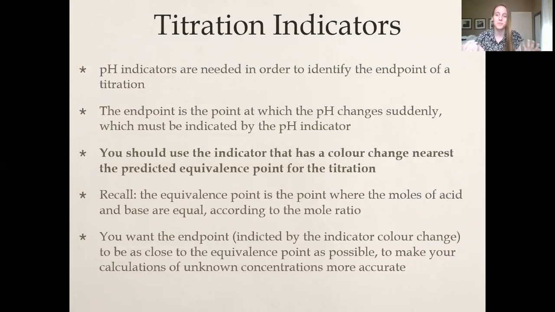You do want to pick an indicator that changes color around where you're expecting the equivalence point to be. So we choose indicators to identify the end point based on the equivalence point, that theoretical area where the moles will be equal.